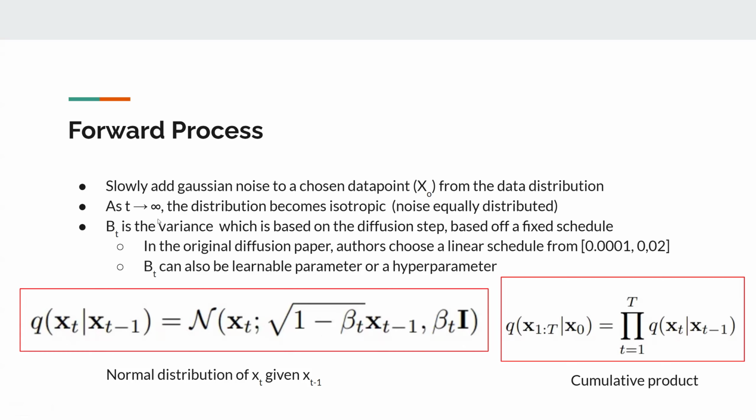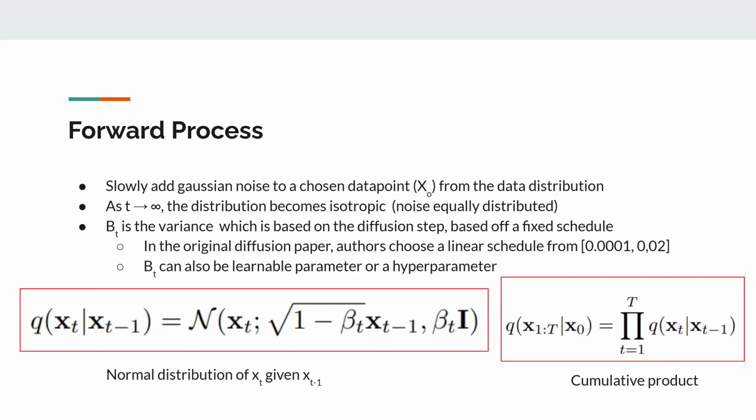This beta is actually a hyperparameter of a diffusion model, and it changes based off time. You can choose this hyperparameter. So maybe at time zero it's a really small number, and then it gradually increases as time increases.